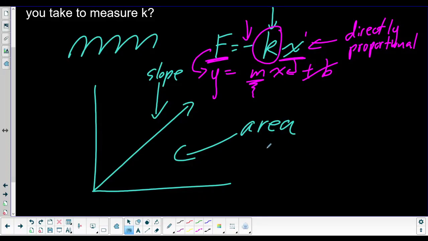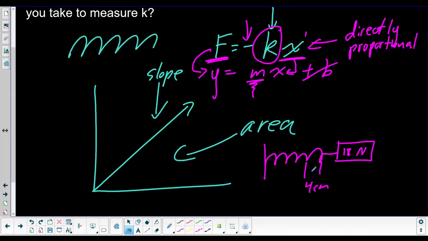But if we have a spring and then we hook this thing up to a force gauge and then we stretch it, and this thing says 18 apparently newtons, and our spring has stretched this far, we'll call that 4 centimeters, then both of these seem positive, and we're not really going to worry about it.